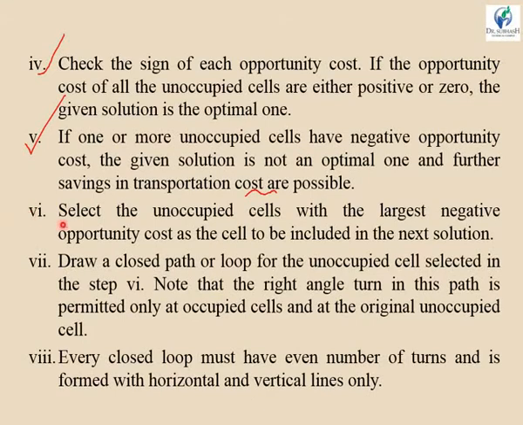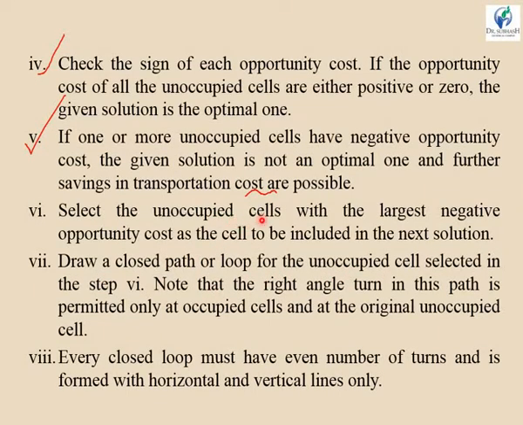Let us move to the sixth step. Select the unoccupied cell with the largest negative opportunity cost as the cell to be included in the next solution. You will have a better understanding of these steps when we solve the example. Then draw a closed loop path for the unoccupied cell selected in step 6.